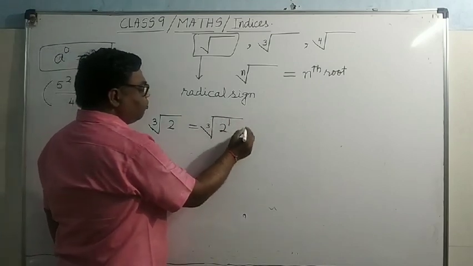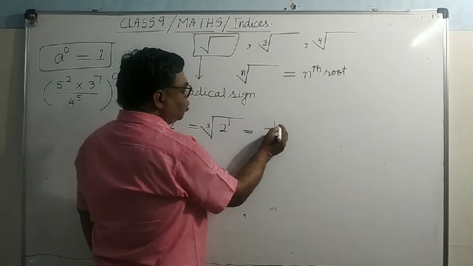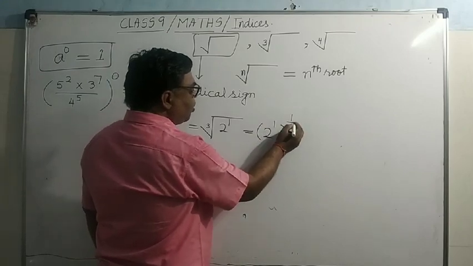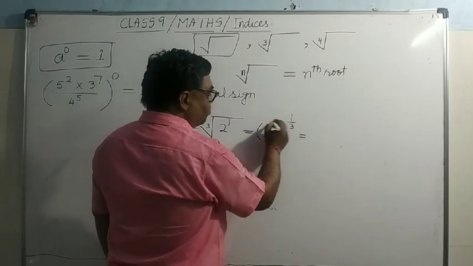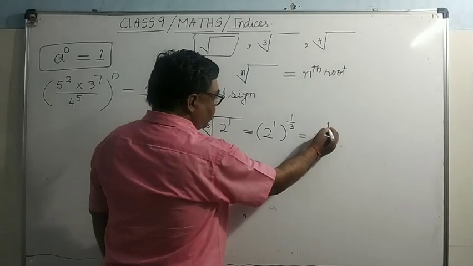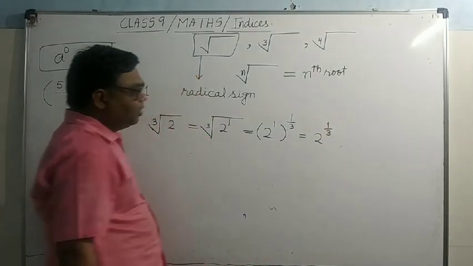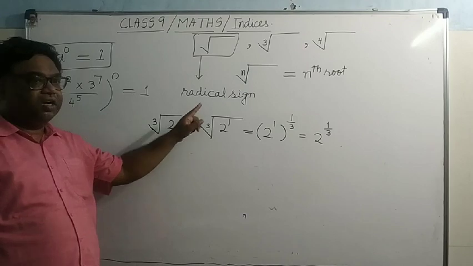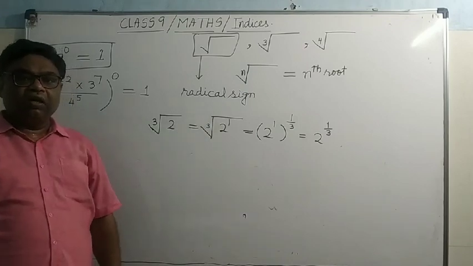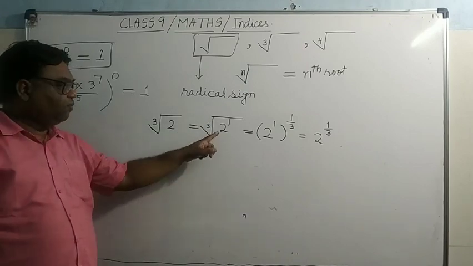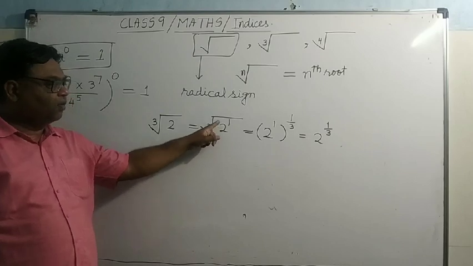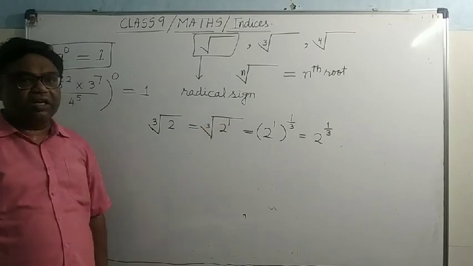Its power will be 1 upon 3. It will be 2 to the power 1, whole to the power 1 upon 3. So it is 2 to the power 1 upon 3, which means the order of the radical goes in the denominator of the power of the number which is inside this.